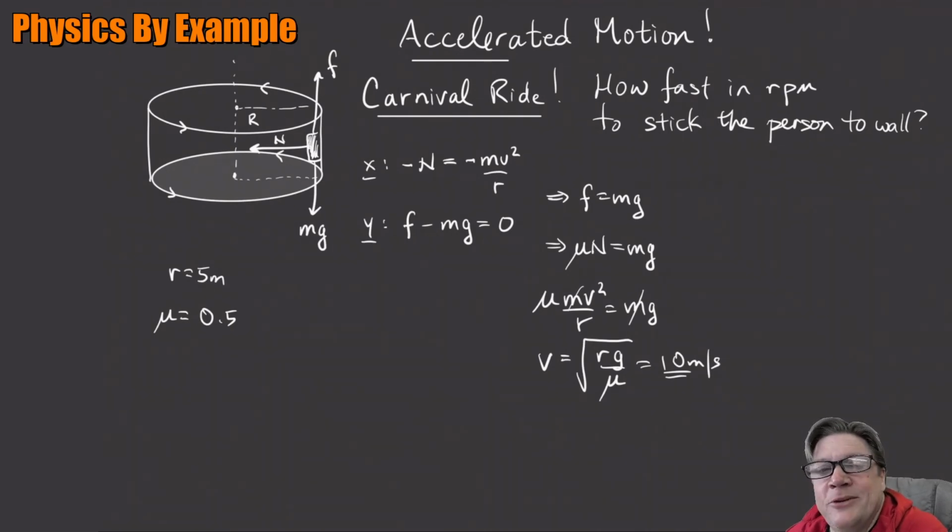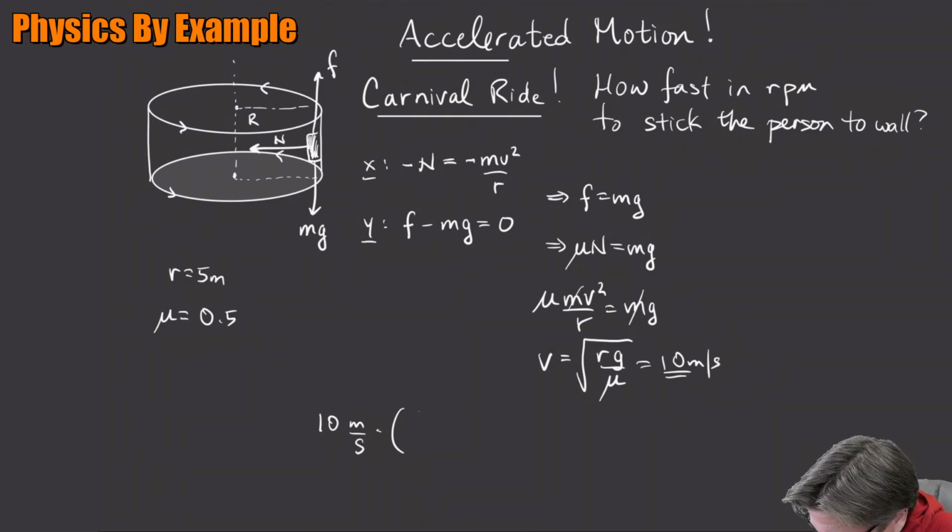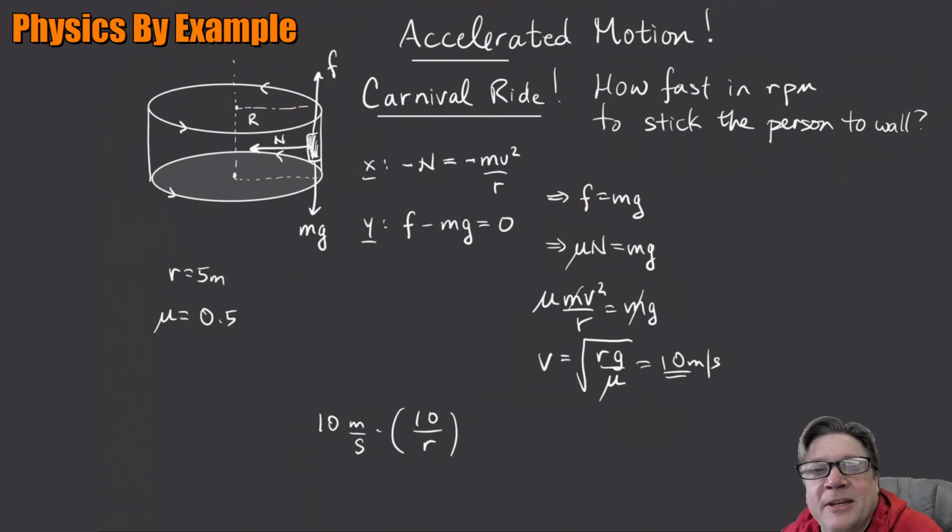But what is that in terms of rotation rate? Well, we already did that. To go from 10 meters per second to RPMs, as we said in a couple of videos, you just divide 10 by r. This is approximate. If you want to do the real thing, it's 60 over 2 pi r, as we did a couple of videos ago.